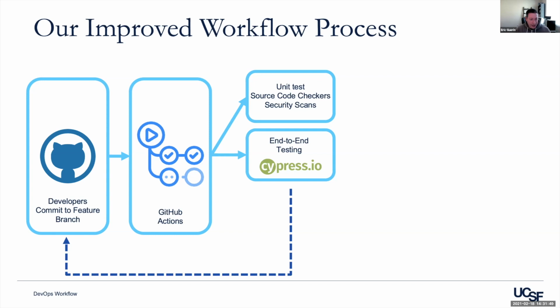In the new process, obviously you're going to commit to a feature branch, and then that feature branch will trigger a GitHub action. The GitHub actions will run our unit tests, our source code checkers, and then we have Cypress.io testing, which, I don't know if you guys have heard of Cypress.io, but it's a front-end JavaScript tool that allows you to write your tests in the browser.